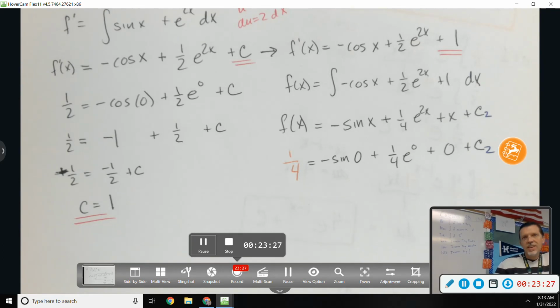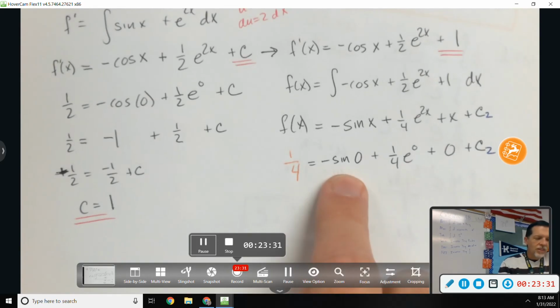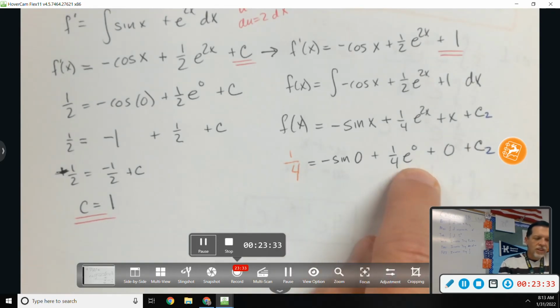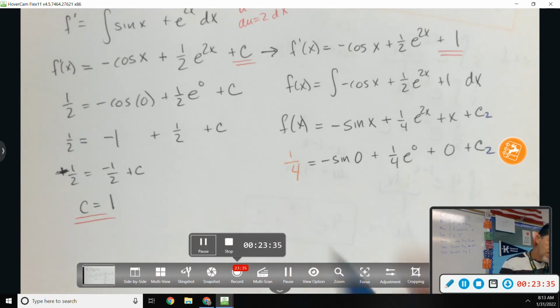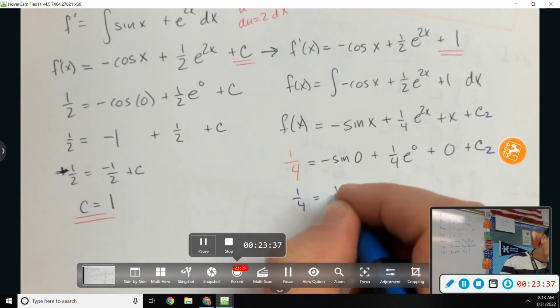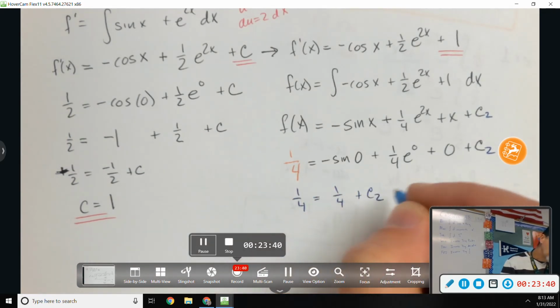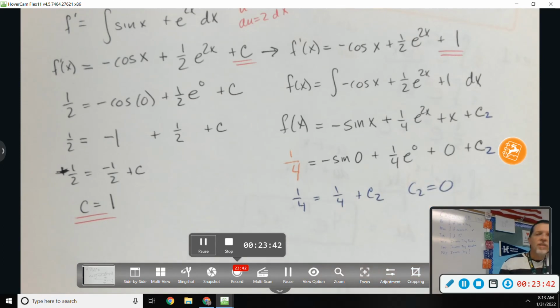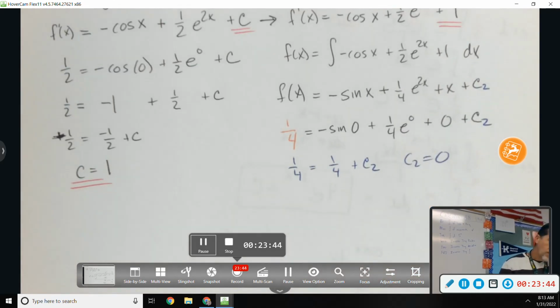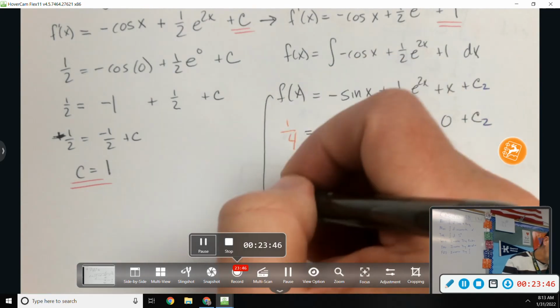This works out quite well. Sine of 0 is 0. E to the 0 is 1. So 1/4 equals 1/4 plus c2. So c2 is 0. But I need to write my final answer here.